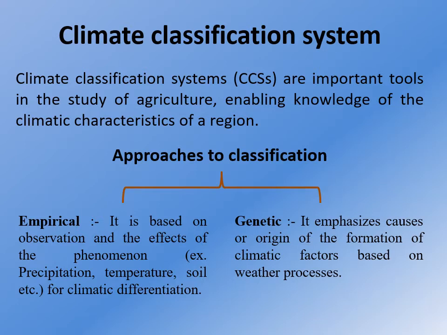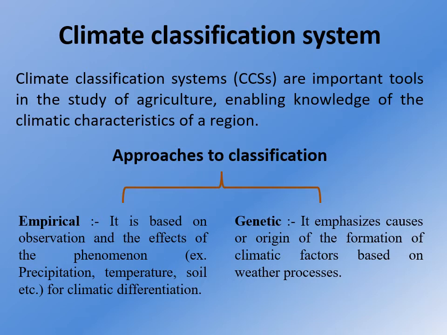Now, if we classify climate on the basis of a single element, say for example temperature, then it will be very simplistic, and it will not tell the other elements of the climate. So basically, it will hardly help to depict the climatic condition of any region.